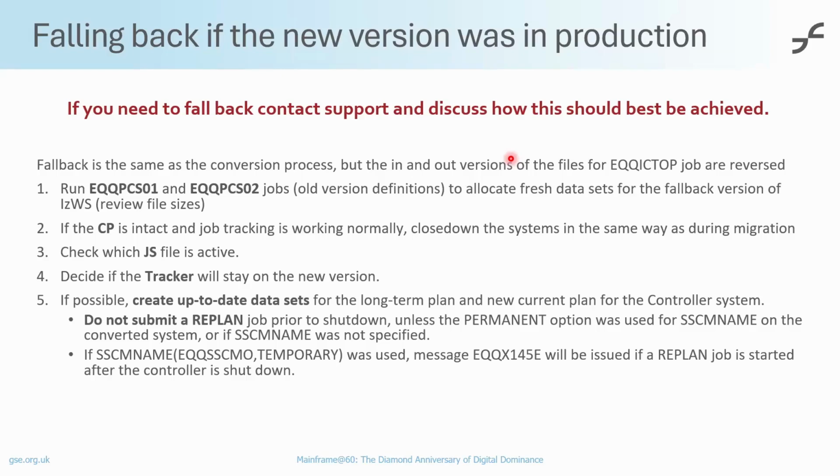If possible, create up-to-date datasets for the LTP and the new current plan for the controller. Do not submit a replan before the shutdown, unless the permanent option was used in this parameter SSCM name on the converted system, or if this parameter was not specified.